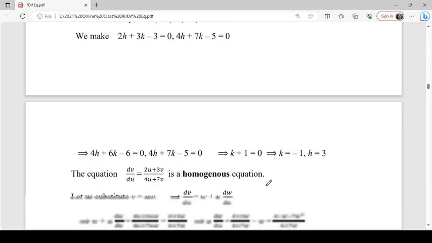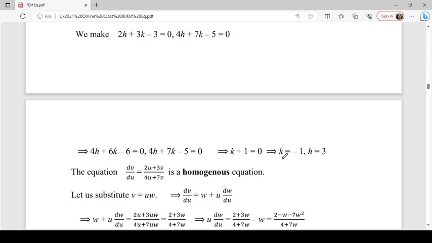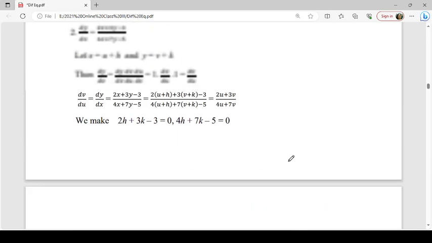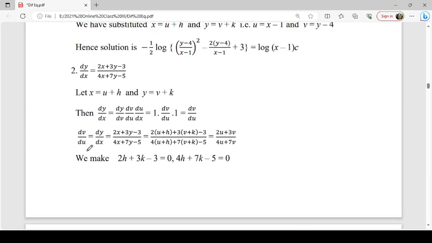This is h and k, our solutions are k is minus 1 and h is equal to 3. Now we solve this part: dv by du is equal to 2u plus 3v by 4u plus 7v.